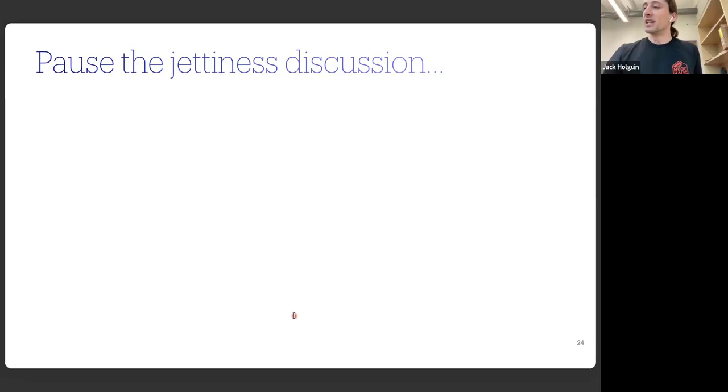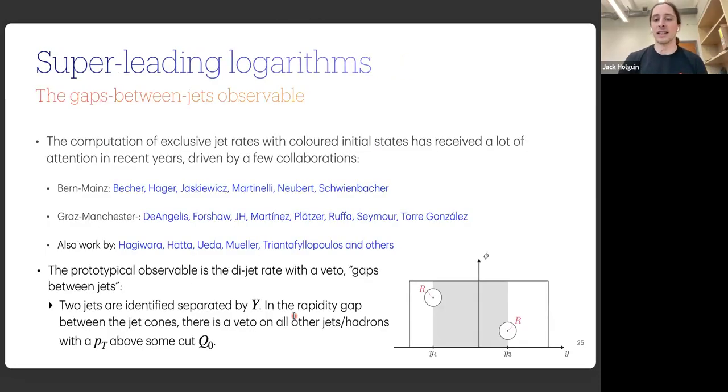So let's pause jettiness for a brief bit and talk about collinear factorization breaking in another observable, one that's now been very well understood. And that's the superleading logarithms in the gaps between jets observable. Now, this is basically an observable where we say we've identified 2 jets in the final state, and we put a cut that all of the radiation between the jets, between some angular separation separating them, is below some threshold value in KT.